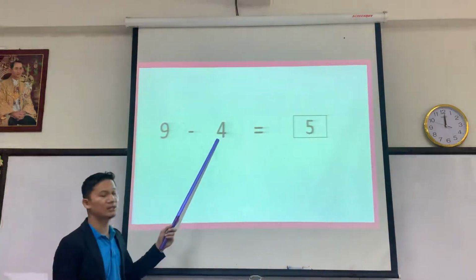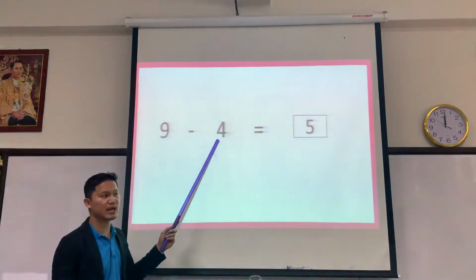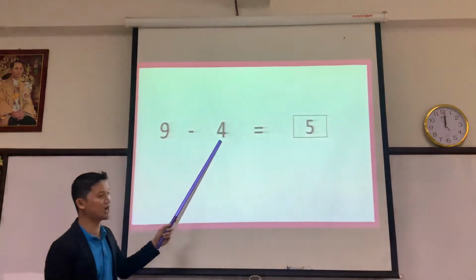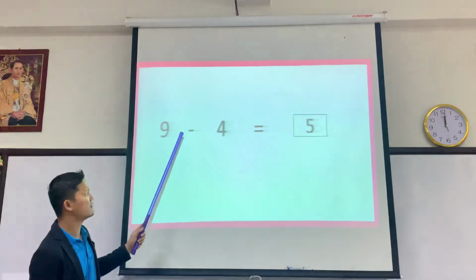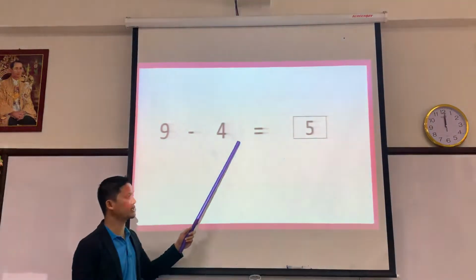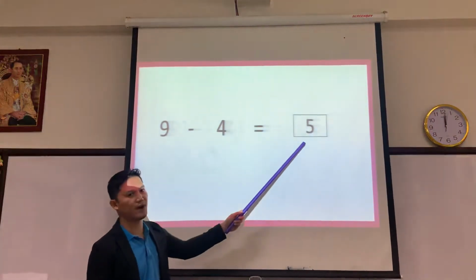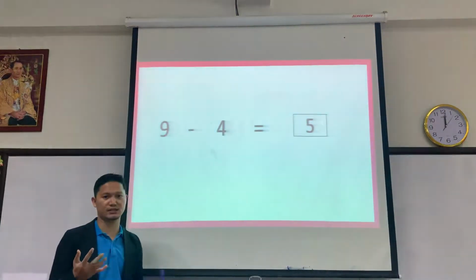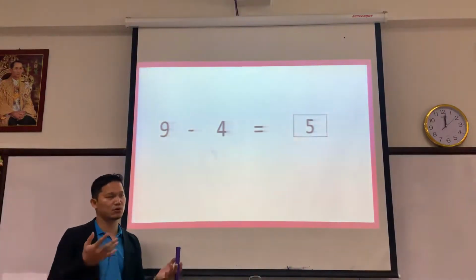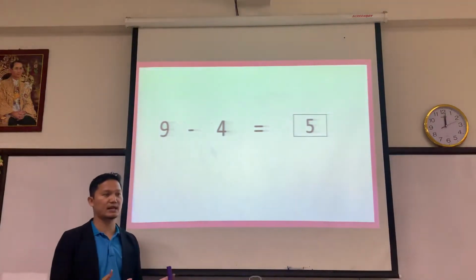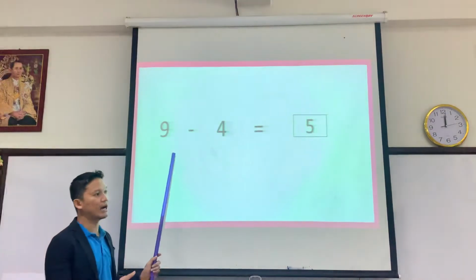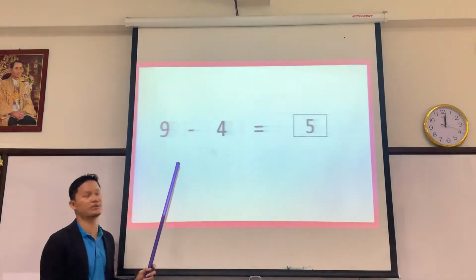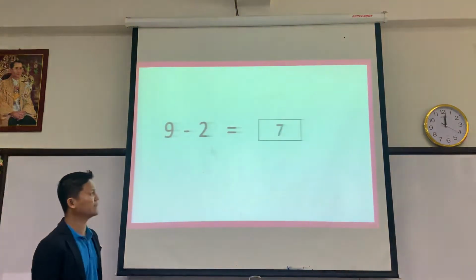Then this is our subtrahend. If we subtract 9 minus 4, it is equal to 5. You can use your fingers for subtracting single digit numbers.